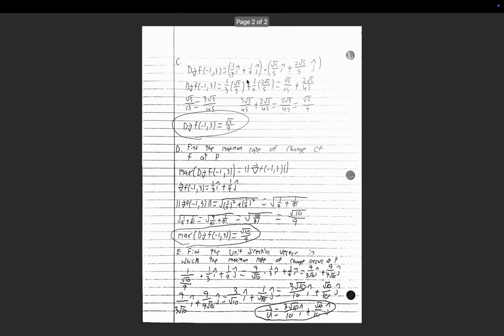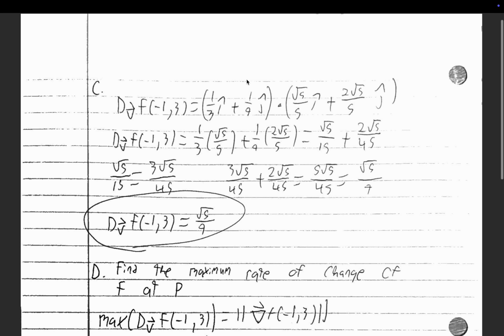Now we need to finish the problem, which I did on page 2 here. The directional derivative is defined, as we said before, by the gradient we found in part B and the unit vector we just found.